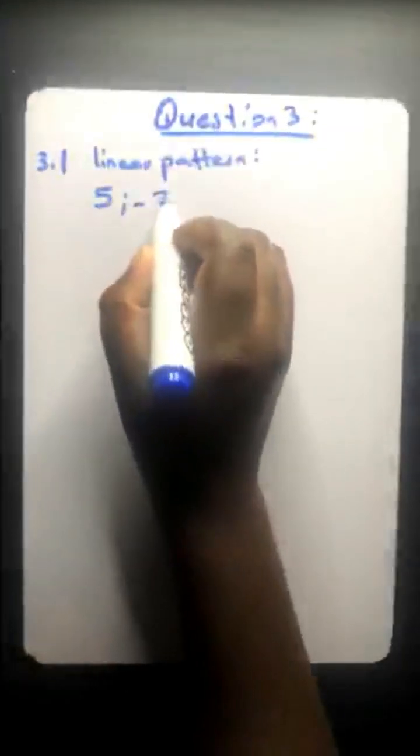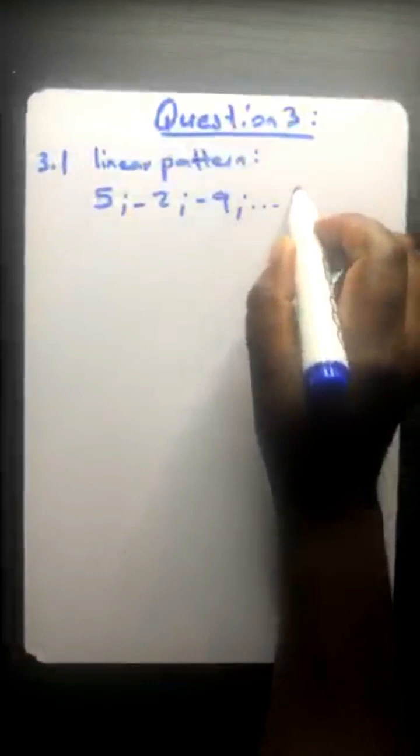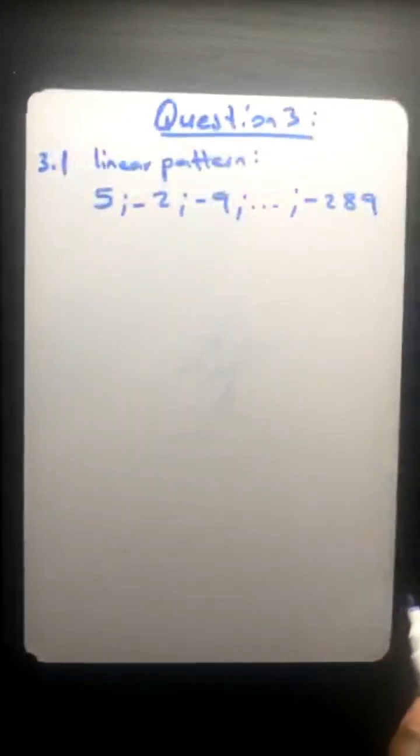Let's see, looking at 3.1, they are saying given a linear pattern, and this is what we're given: 5, -2, -9, some numbers in between, and the last number is -289.